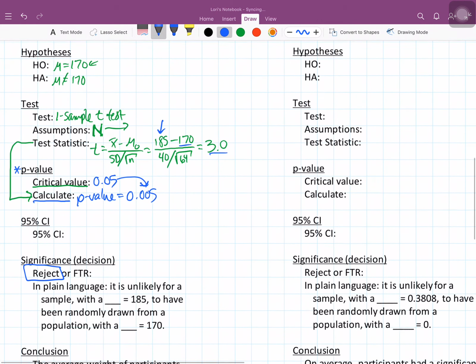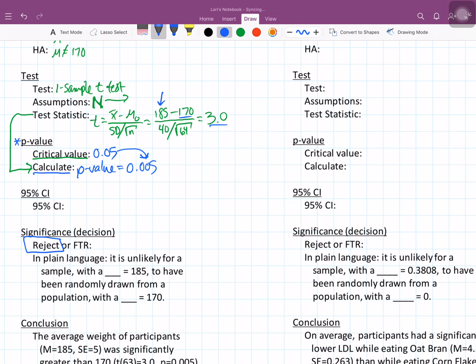Let's go ahead and look at estimation as well for this same exact question. If we were to think about a 95% confidence interval, that is equal to x bar plus or minus that t value times the standard deviation over square root of n.